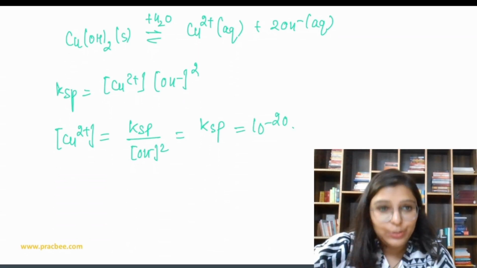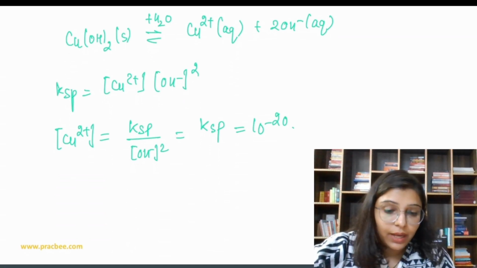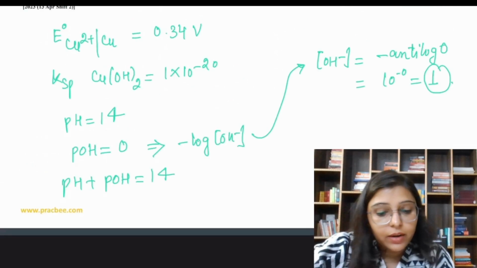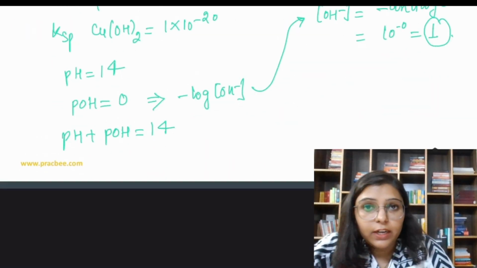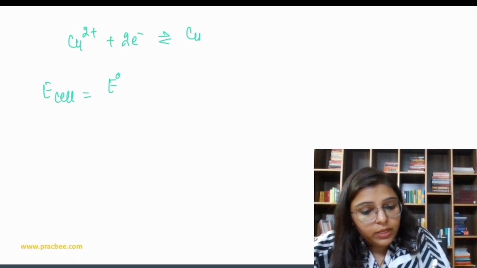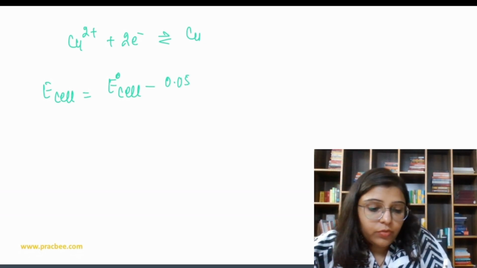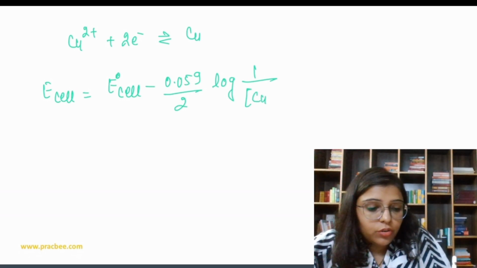Now why is there a need to find the Cu2+ concentration? Because it is required in the Nernst equation, because we have to find out the E cell for this one. Cu2+ plus 2 electrons gives Cu. So E cell for this one is equal to E naught cell minus 0.059 upon 2 log 1 upon concentration of copper 2+.